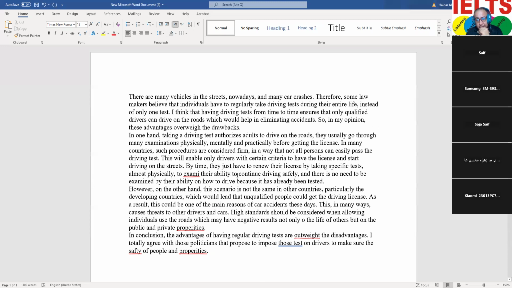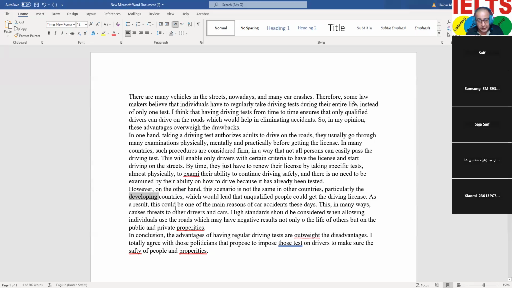It's not the same in other countries, particularly the same developing countries. Developing or developed is different in meaning. I mean, developing countries, like the Middle East countries. Which would lead the unqualified people to get the driving license.